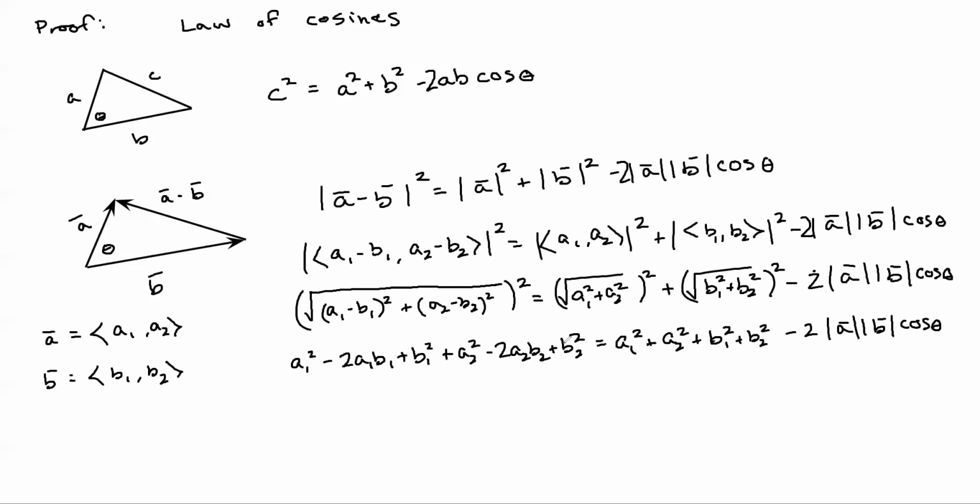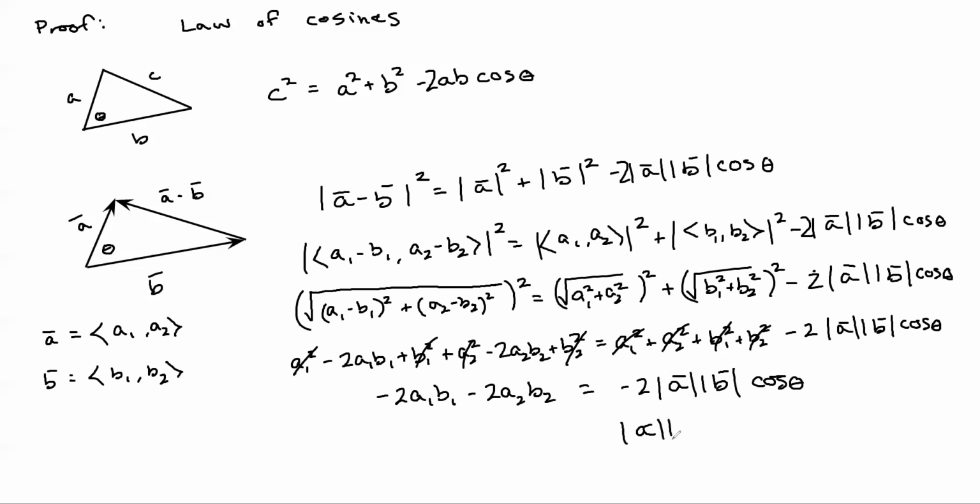All right, and now if you look at this, we've got this cancels with this cancels with that, this cancels with this cancels with that, and we have minus 2A1B1 minus 2A2B2 equals negative 2 length A length B cosine theta, and then divide both sides by negative 2, and you get length A length B cos theta equals A1 B1 plus A2 B2.